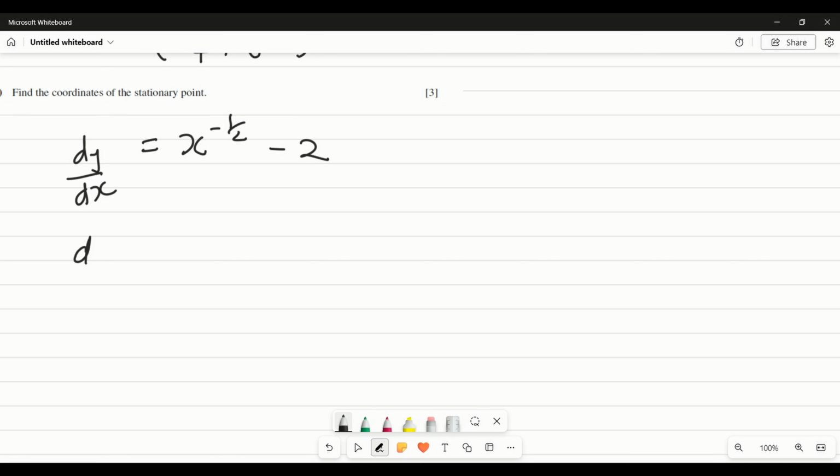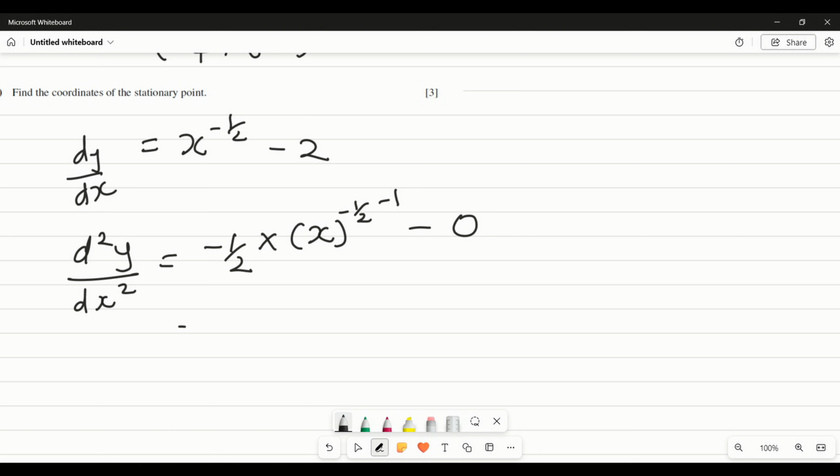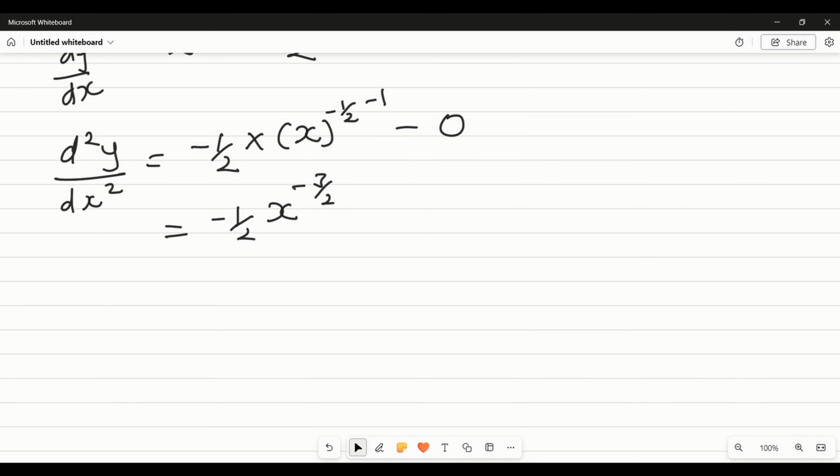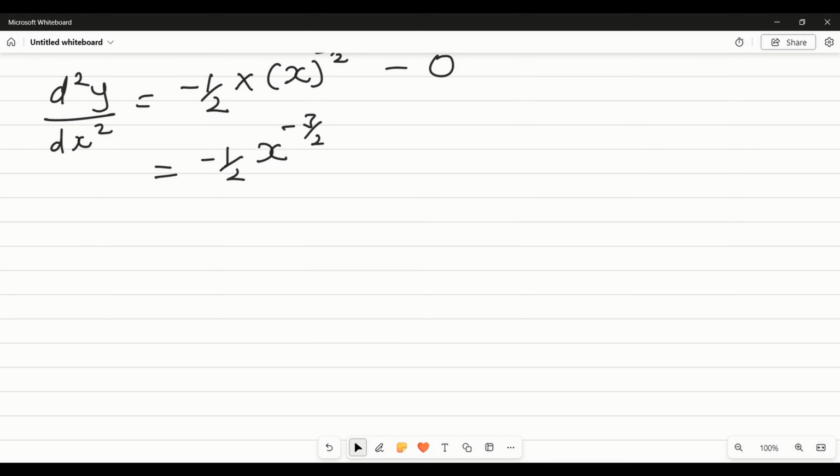And this is what you say. d squared y over dx squared is equal to negative a half. We start with the power, then times x, then the power reduces by 1, so negative a half minus 1. This is a constant. If we differentiate it, it's going to be 0, so minus 0. So we just leave it. So this gives us negative a half times x to the power of negative 3 over 2. Now we have the following characteristics.